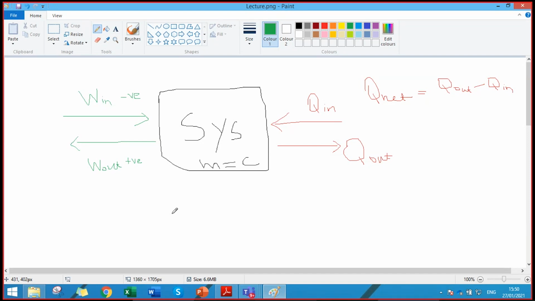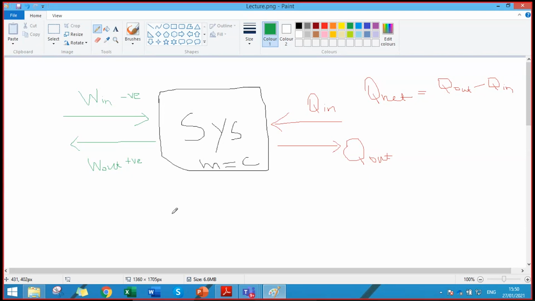Okay, sir. At the end, whatever result you get will tell us what is happening. You need to supply work to the system, or you will be getting work out from the system. You need to supply heat to the system, or the system will be releasing heat into the environment. Clear? Yes, sir. Because literature has its set of conventions. Literature has defined that we take heat in as positive and heat out as negative.